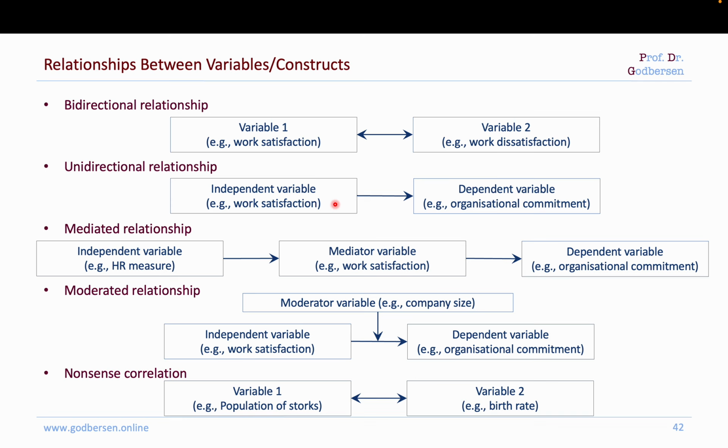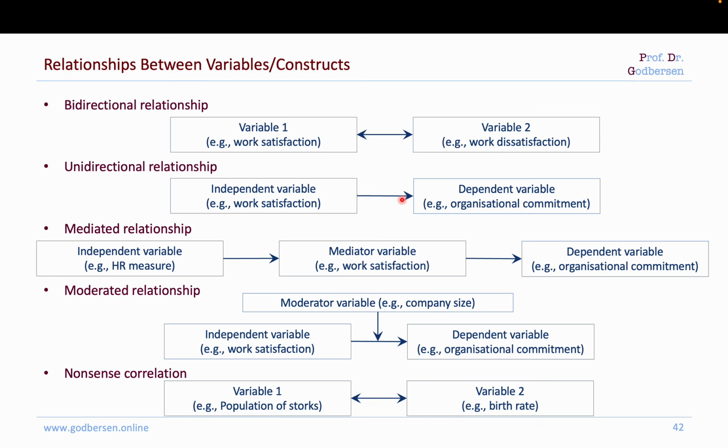If I'm highly satisfied with my work, I'm normally very much committed to my employer. If my work satisfaction is low and I'm thinking of getting a new job somewhere else, then I'm normally not very much committed to my employer. That means the independent variable of work satisfaction has an impact on the dependent variable of organizational commitment.